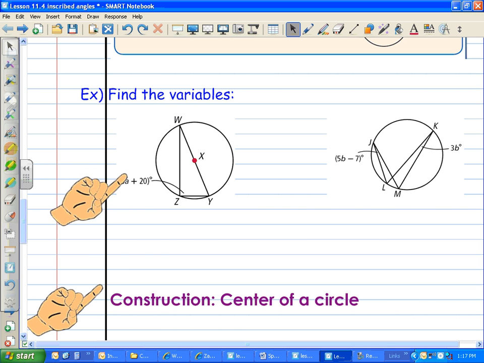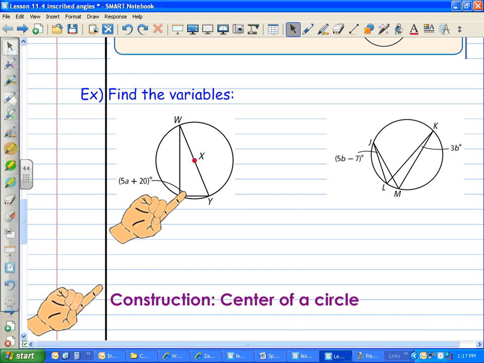Example 1. Find the variables. Actually, there's 2 of those. It's not example 1. It's like 2, right? Okay, so look. See how this line right here, W and Y, see how this right here is going through the center? So this is your diameter, so that you know that this is going to be half a circle right here. Okay, and because this is half a circle, that's 180.